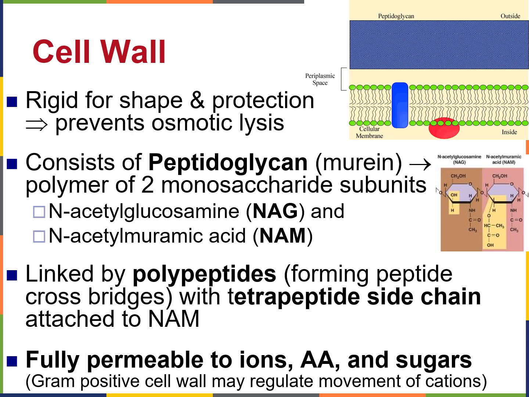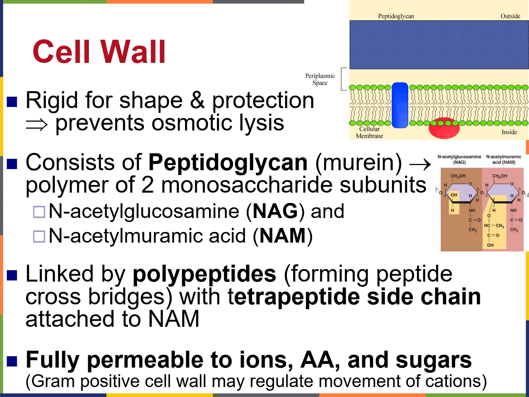So you'll have NAG followed by NAM, NAG, NAM, NAG, NAM, and so on and so forth. You'll have these really long strands of carbohydrate backbone, alternating subunits of NAG and NAM. In addition to the NAG and NAM, you have polypeptide cross bridges and you have tetrapeptide side chains.